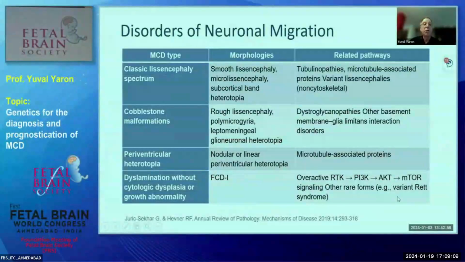Then going over to disorders of neuronal migration, we can give a few examples. Then let's discuss the tubulinopathies. These are microtubule-associated proteins. There are various types of tubulins, and they can cause various types of abnormalities.